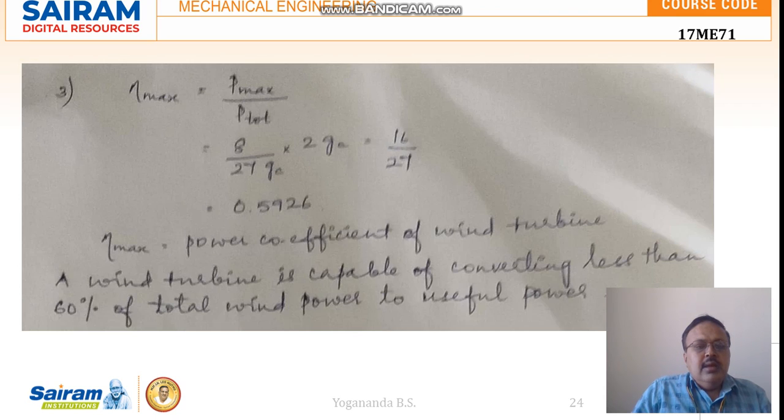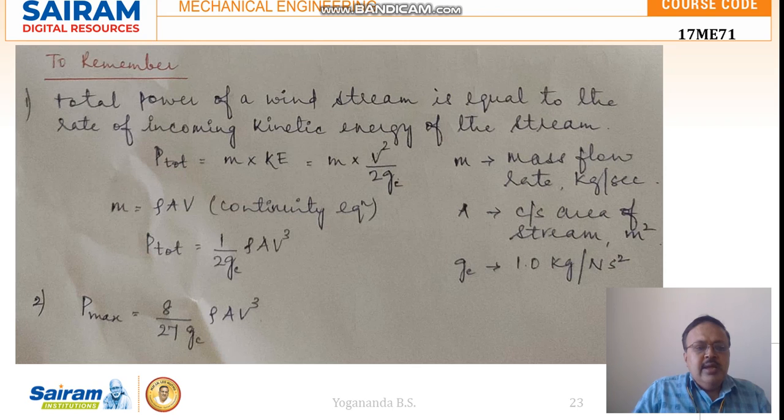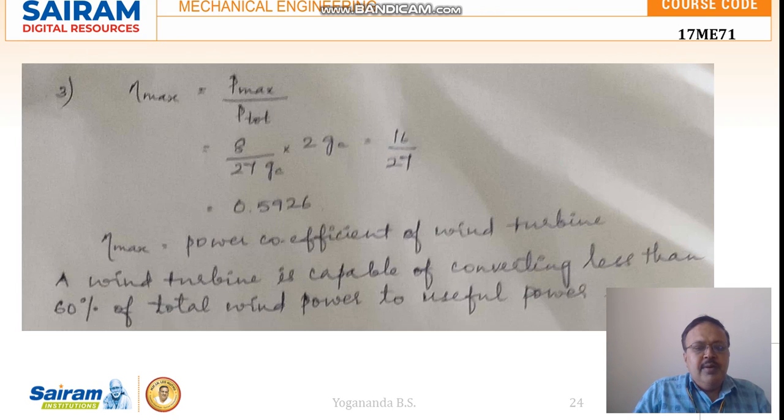Then the efficiency, or the power coefficient of the wind turbine, is given as the output generated, that is the electricity generated, divided by the input power. P max is my output power, divided by P total, which is the input power, that is the wind power.